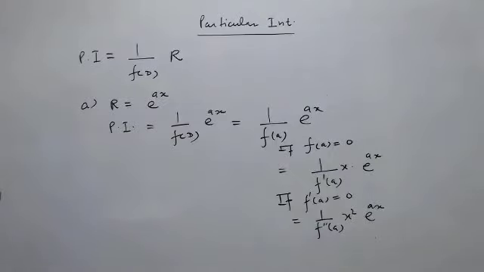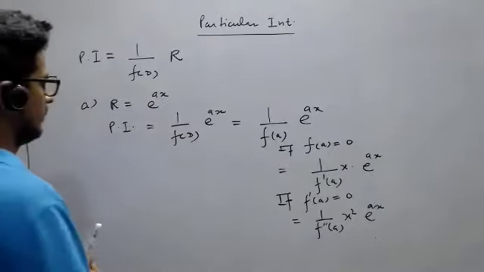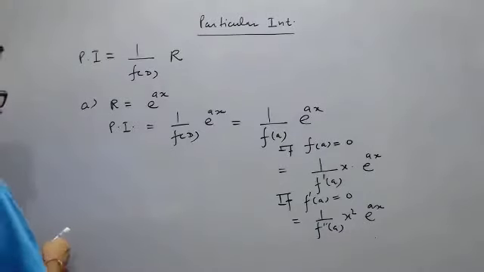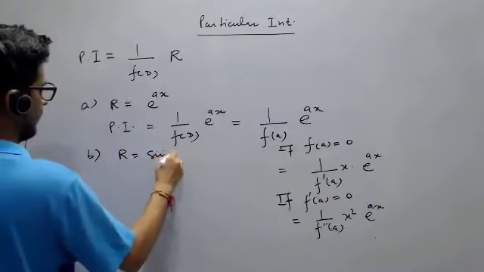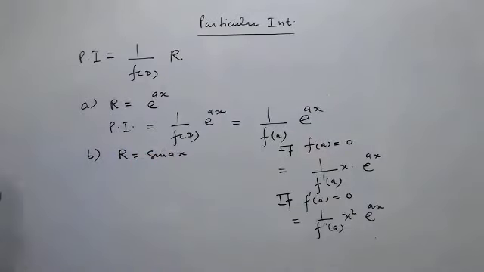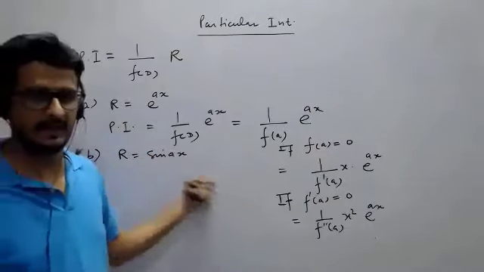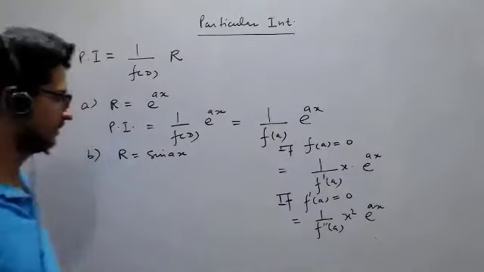Let me go to the B part, where R is equal to sine of ax. This rule will be the same in the case of sine and cosine also.